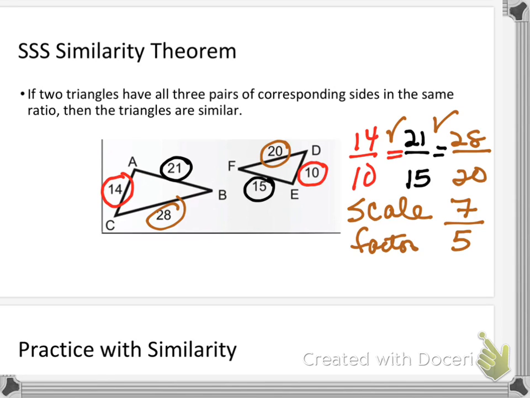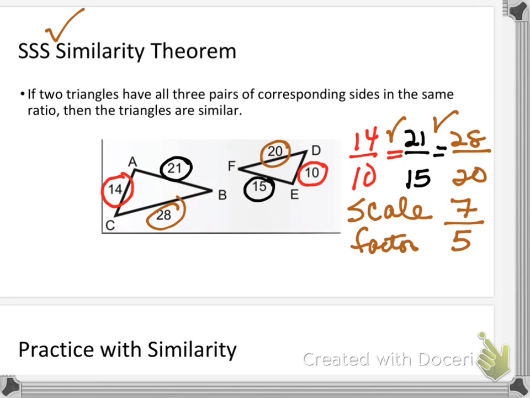Okay, so we've proven by SSS that we have similar triangles. Now let's go ahead and write down what the similarity statement would be. Okay, so it's a little bit trickier here. Why don't we find the side that is the smallest?